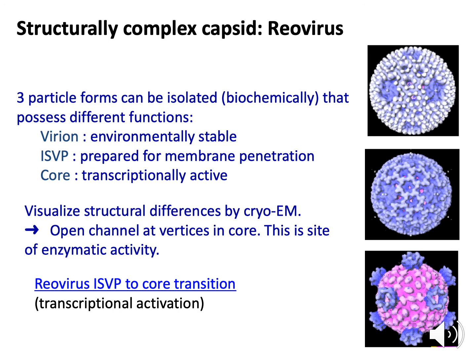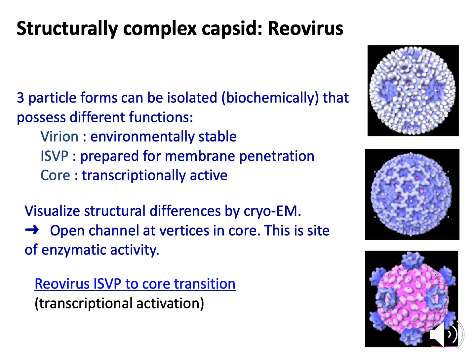And you can see structural differences by cryo-EM. The open channel at the vertices in the core allows the product messenger RNA to be extruded, and inside I showed you a cutaway of where the molecular machine of the transcriptase is.